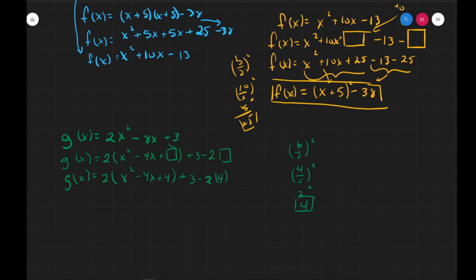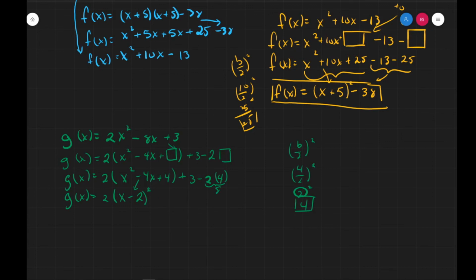Okay, and then let's continue cleaning up. G of x equals 2 parentheses. Now we can factor this because we have a perfect square trinomial, so we're going to say x, take that sign, minus, then we're going to take this b over 2 value, minus 2 quantity squared, plus 2 times 4, which is 8, so plus 3 minus 8.